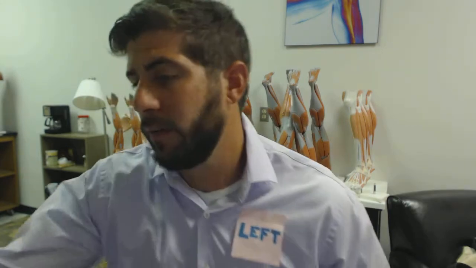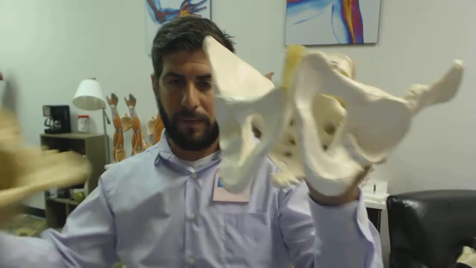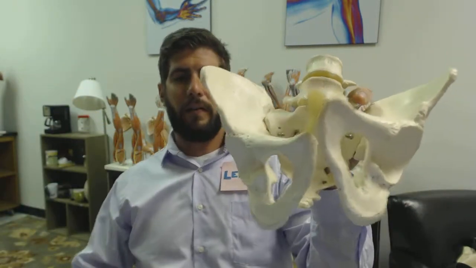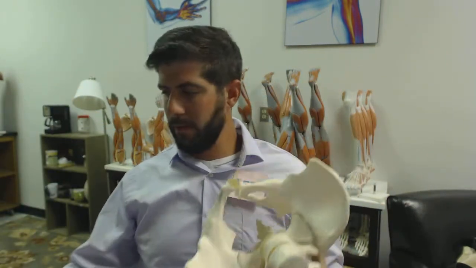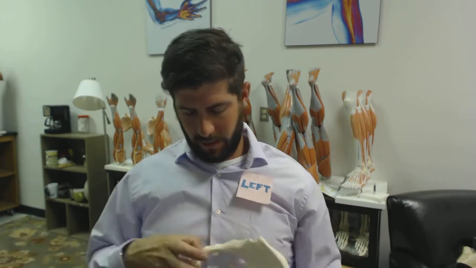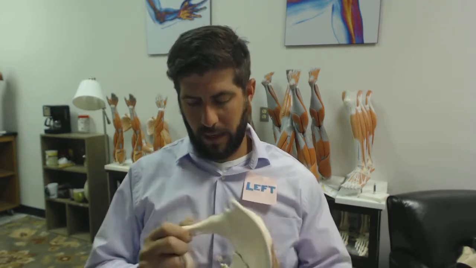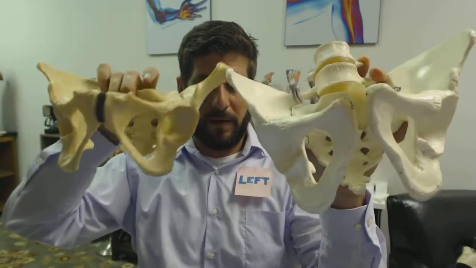And so the other thing we mentioned we were going to talk about is trying to figure out male or female, and there's a couple features that you can use. So here I have a broken male pelvis. Okay, a male and a female.